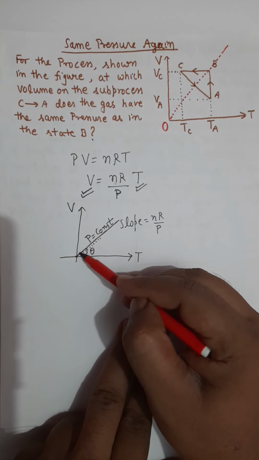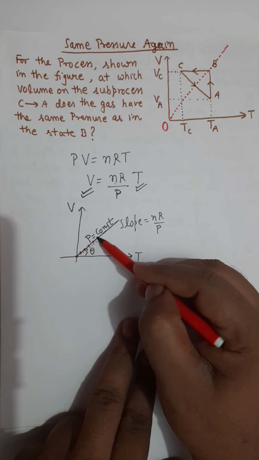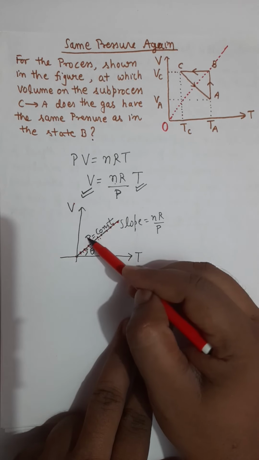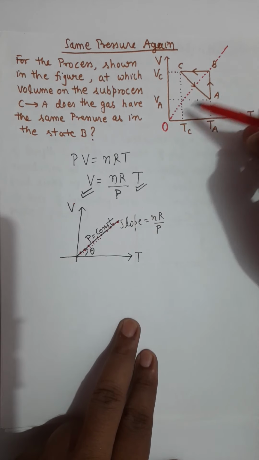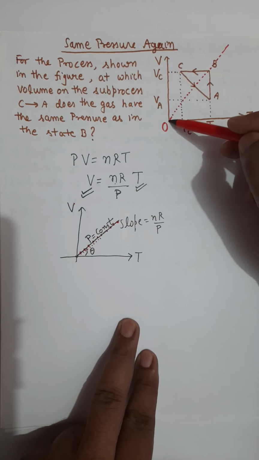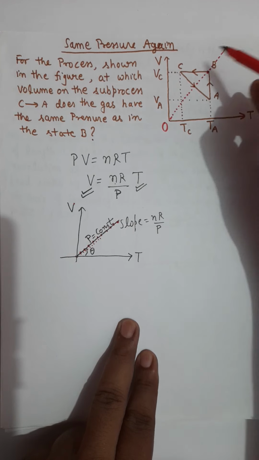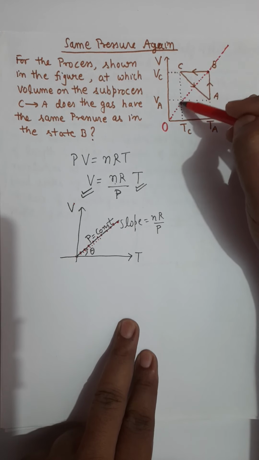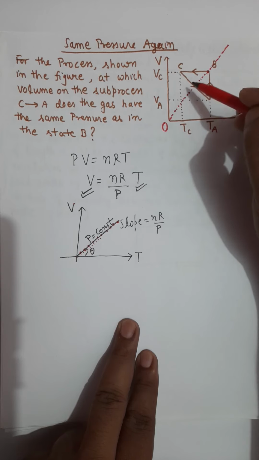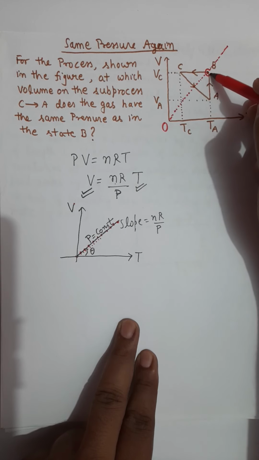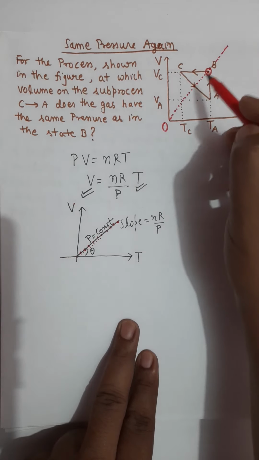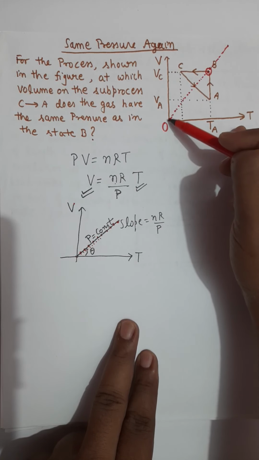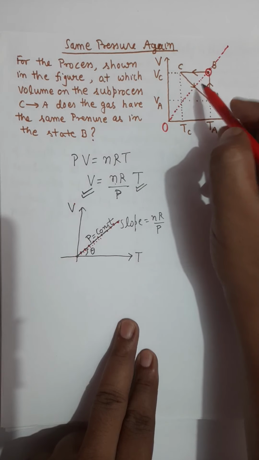In other words, every point on this line will have an equal value of pressure P. So if you draw a line which passes through the origin and point B, then at every point on this line, pressure will be equal to that at point B.